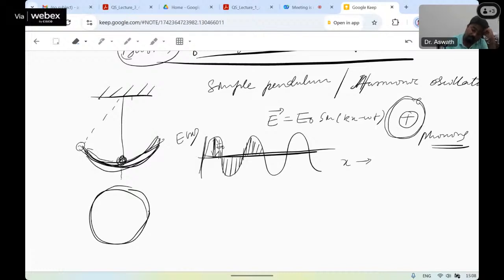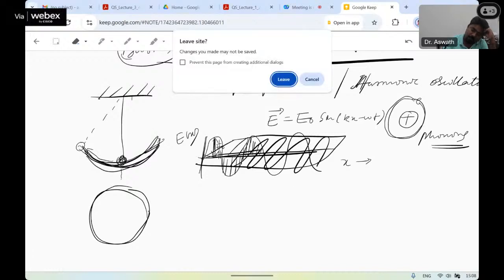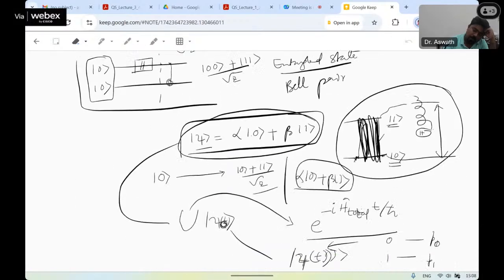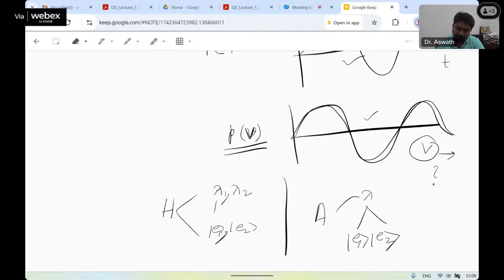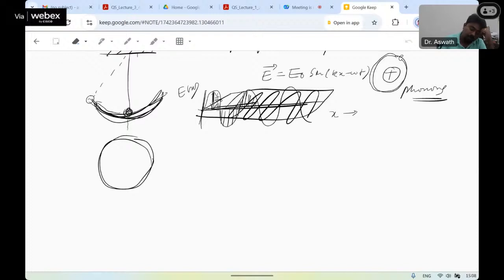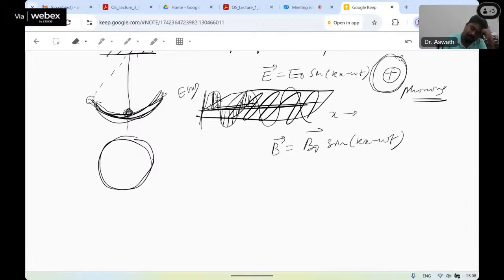This is the electric field vector oscillating on the vertical plane. On the horizontal plane, the magnetic field vector is oscillating: B is equal to B naught sine(kx minus omega t).